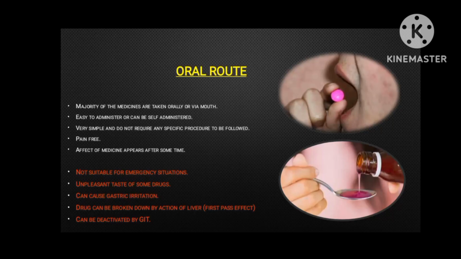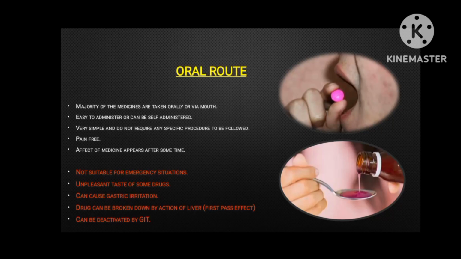This route has some disadvantages. That is, this route is not suitable for emergency situations. The effect of medicine takes a longer time to appear, so this route is not suitable for emergency. Some drugs may also have unpleasant taste.